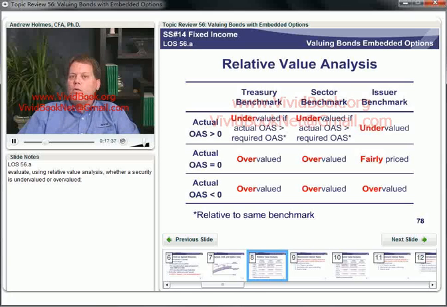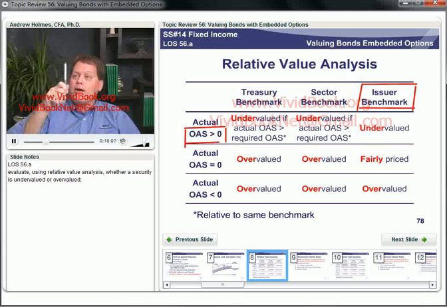So here, what we're talking about is the OAS that we've calculated, and if it's greater than zero. If we're saying that the option adjusted spread for this bond is greater than zero, what that says is that, since we're using an issuer benchmark, the spread on this bond is greater than the spread for the same issuer on other bonds.